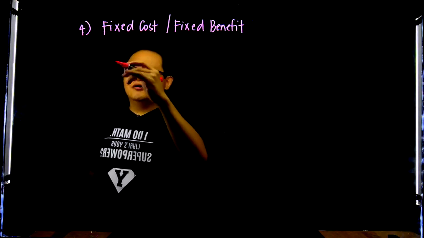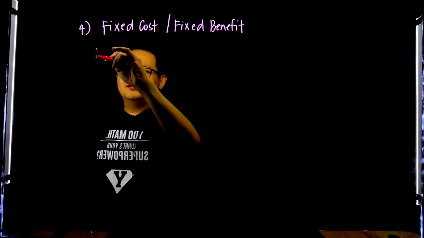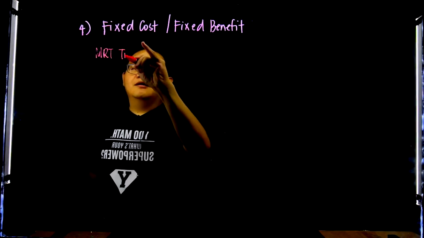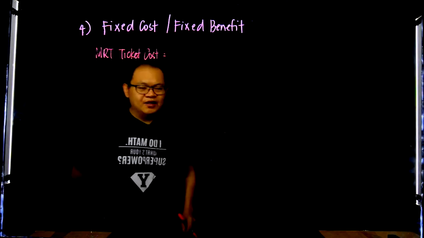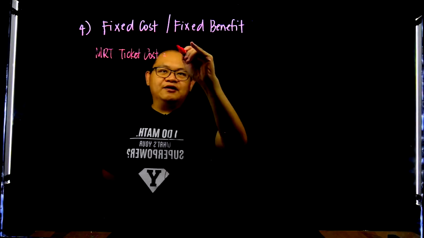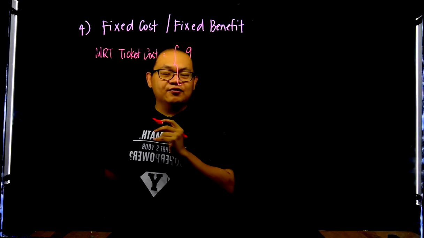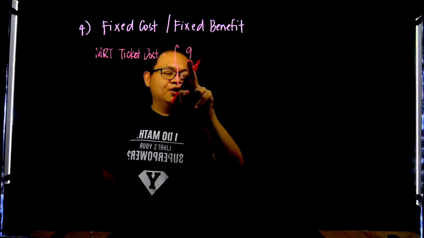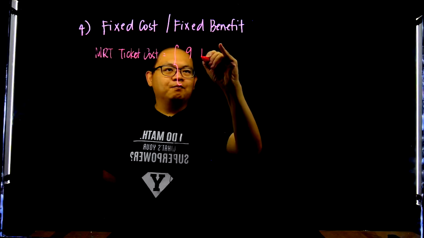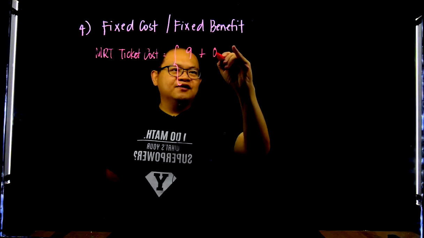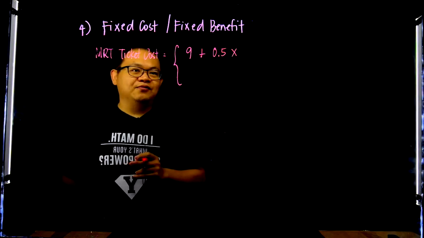Let's say you are riding the MRT, and let me give you the MRT ticket cost function. Okay? Let's say when you ride the MRT, you have to pay some fixed cost of 9 pesos plus 50 cents for every station that you pass through.